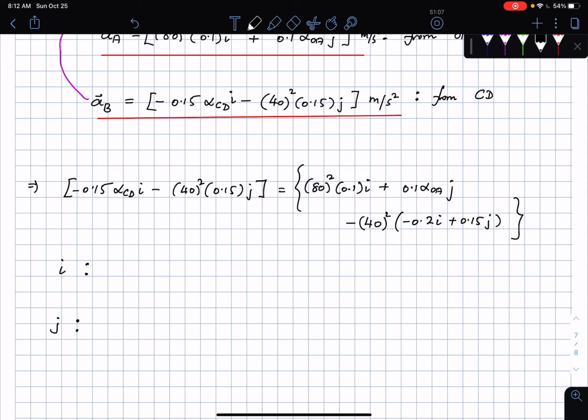If I do that, I get minus 0.15 alpha CD equal to 80 square times 0.1 in the I direction, and then minus 40 square times minus 0.2, so there's going to be plus 40 square times 0.2. So that's going to end up being alpha CD right down here. That's the situation that I have.